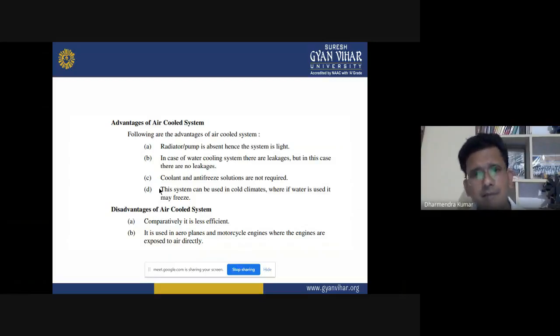Basically, these advantages are over the water cooling system. Also, no coolant or antifreeze solution is required, because we will later discuss water cooling systems, where we have to use coolant and antifreeze solution as well.